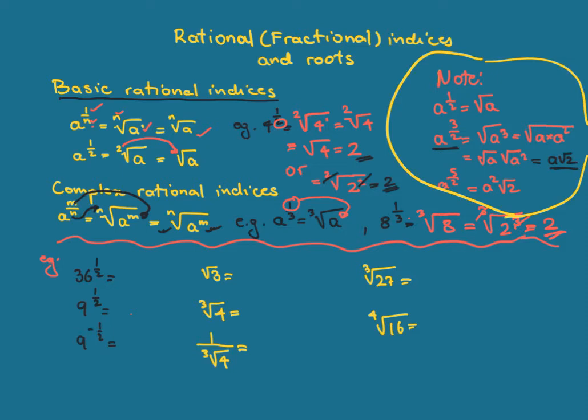A to the power of 3 over 2 is equal to the square root of a to the power of 3, which is equal to the square root of a times the square root of a to the power of 2, and then I can cancel out this and this, and we are left with a times the square root of a.